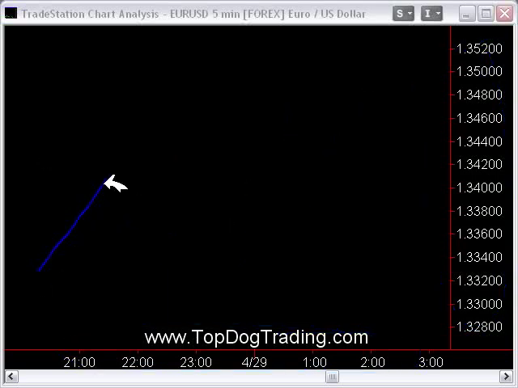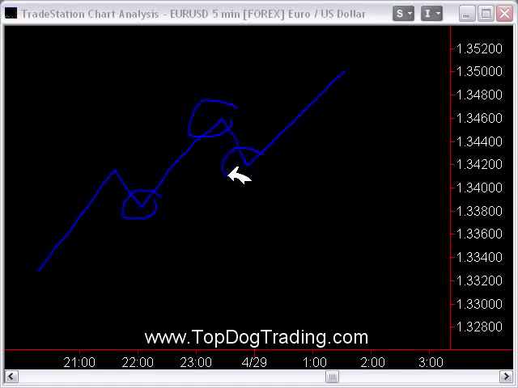Now the reason that understanding cycles is so important is that when you get into a trade is critical. And this is something that a lot of people are very, very weak on. So in an uptrend, we like to buy low, sell high. Everybody knows that, basic principle of investing and trading. But the question is, well, when is the low going to be put in?